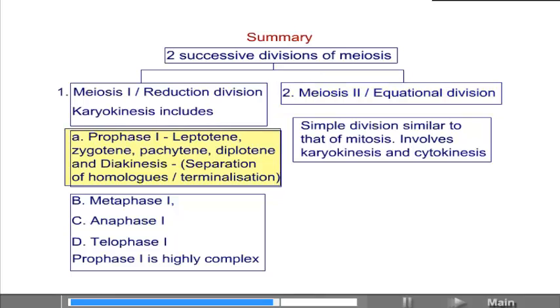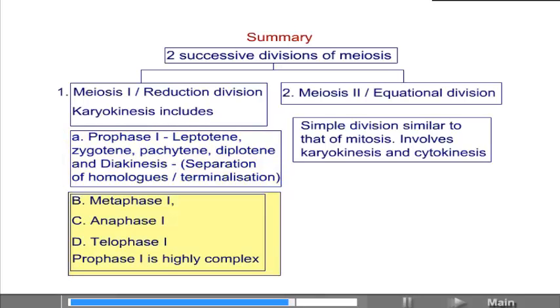Under meiosis I, karyokinesis includes prophase I: leptotene, zygotene, pachytene, diplotene and diakinesis, with separation of homologues or terminalization. Then metaphase I, anaphase I, telophase I. Prophase I is highly complex.